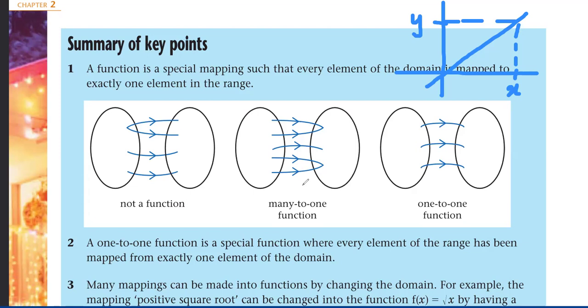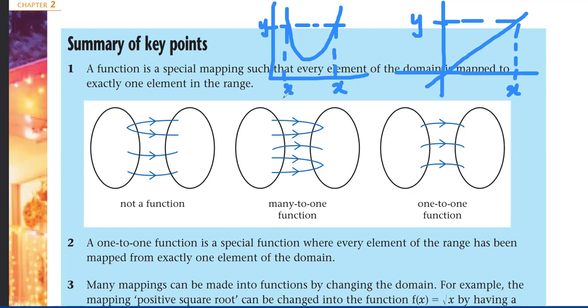Second function is many-to-one, like this. There are two values of x for a given y. For a given y, there are two x values.